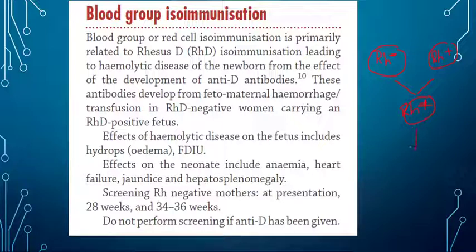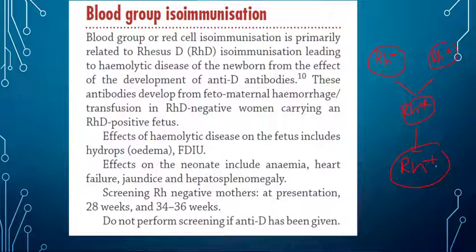But the second baby, if the second baby is also RH positive, and the mother now has in her blood the antibody against this blood. So what will happen? Even during pregnancy, if there is a little bit of fetal-maternal blood transfusion, then the antibody from the mother's blood can start destroying the fetal blood.